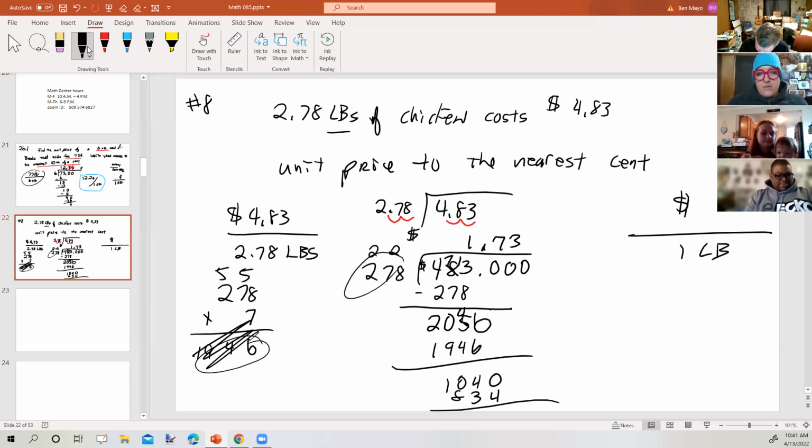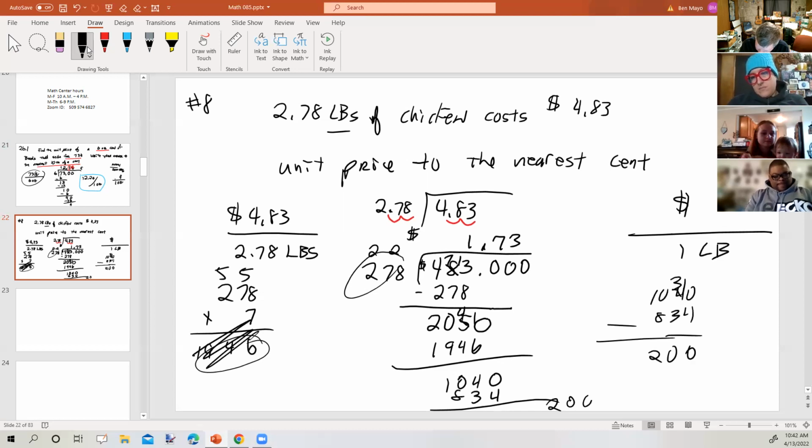I'm running out of room here. I hate that when you run out of room. 8, 34, subtract, borrow, 6, 0, 2. So we've got a 2, 0, 6, and then another 0, okay, which lines up with this.